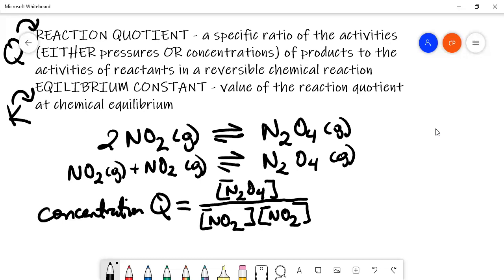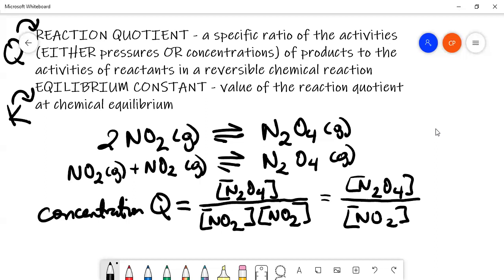Okay? I think I saw you in the chat, recognized. And so the way I can simplify this equilibrium expression down is by writing that reactant in the denominator squared.